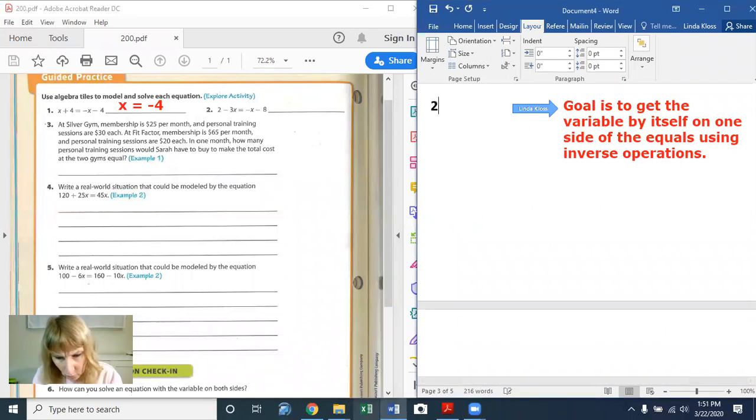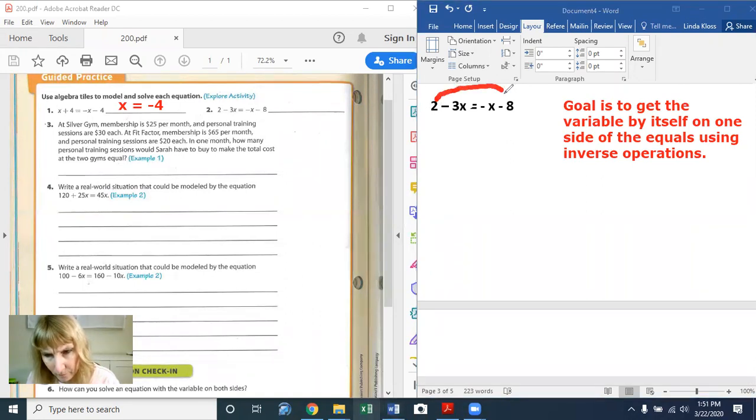And that is 2 minus 3x equals negative x minus 8. The goal is to get the x by itself. So my first step then is going to be to move this 2 over to this side by the negative 8.